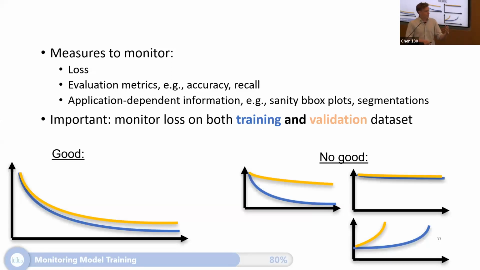And these are the possible curves that could look like. What is good when you have your model training on Friday kind of looks like this. What's not so good looks like this. I cannot go into this in detail, but Shira will tell you about what exactly these curves mean, what overfitting and underfitting mean.